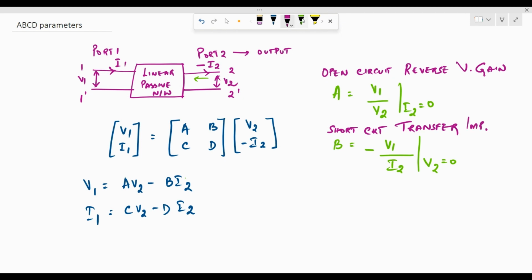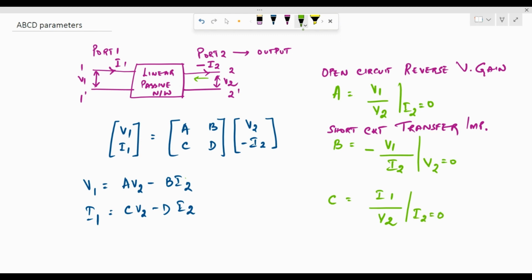Then we can obtain the parameter C. To do that, we again consider I2 is 0 and C would then become I1 by V2. So this is again a transfer parameter where we have I2 equal to 0, which means this is an open circuit parameter.